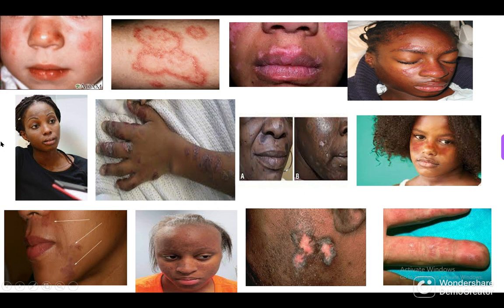The 10th criteria. Now here you see the very butterfly rash, and you find the lesions there, and these patches are seen here on the lips, and photosensitivity rashes are demonstrated here, and the balance alopecia.